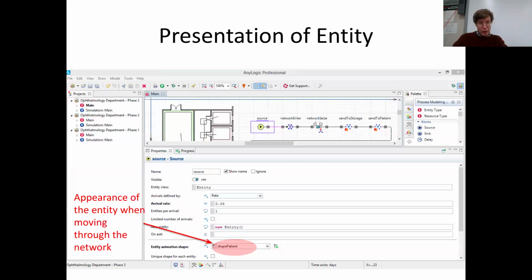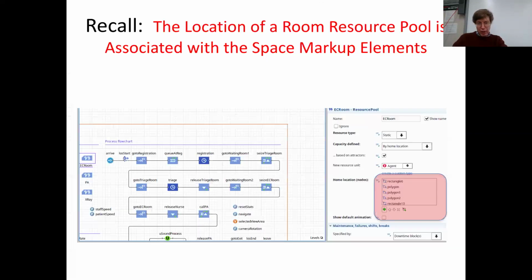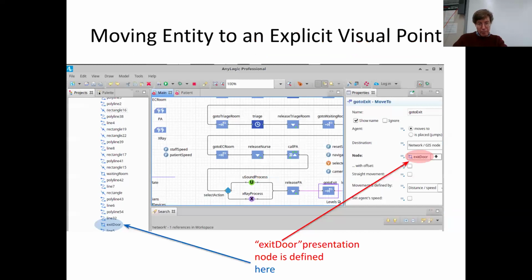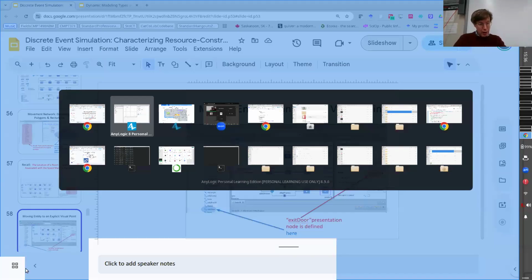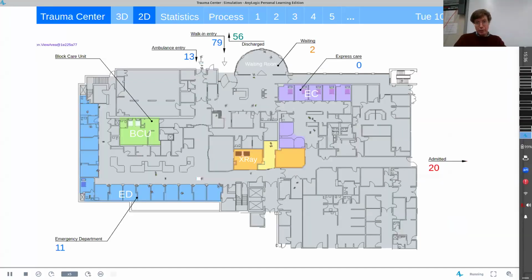Okay, I think I've given the essential features. There's more detail. It's possible you want to look at some of these other slides, but we've covered a lot of the essential features of what makes discrete event simulation a powerful technique.